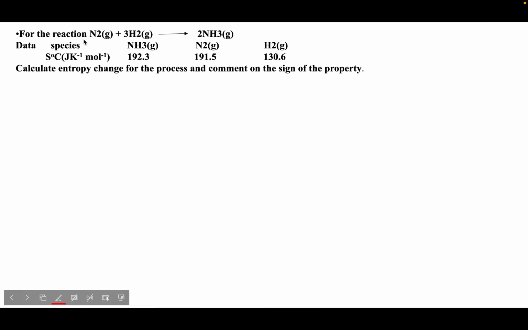The reaction is given, N2 gas plus 3H2 gas giving 2NH3 gas, and the data for entropy is given for all the individual reactants and products. Calculate the entropy change for the process and comment on the sign of the property. Okay, so delta S of reaction is equal to S of product minus S of reactant.